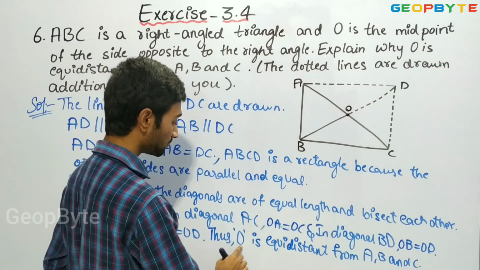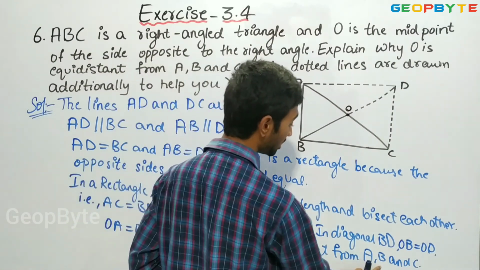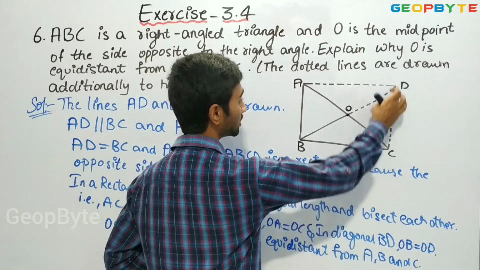So that is the reason O is equidistant from A, B and C.